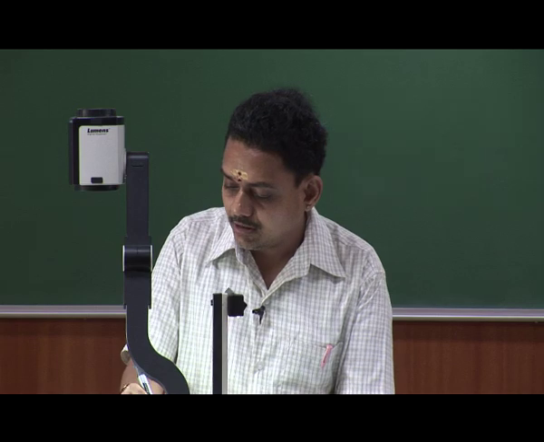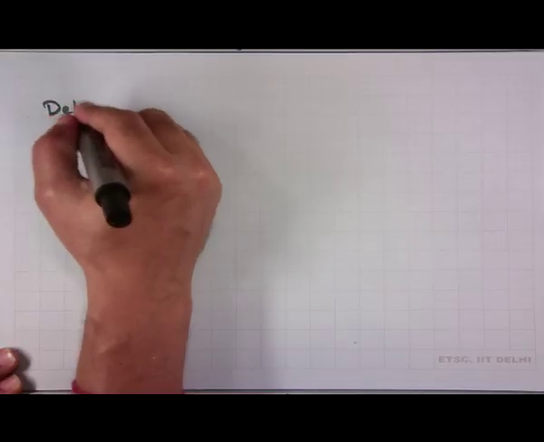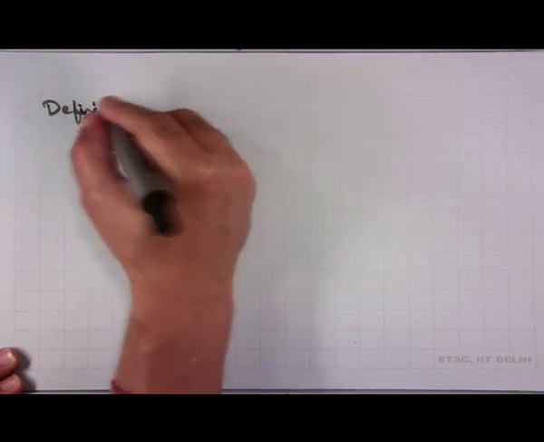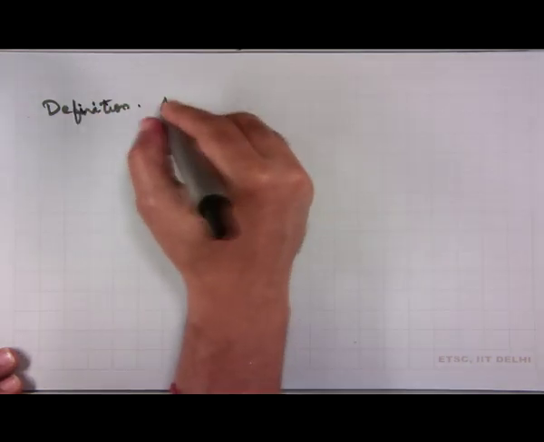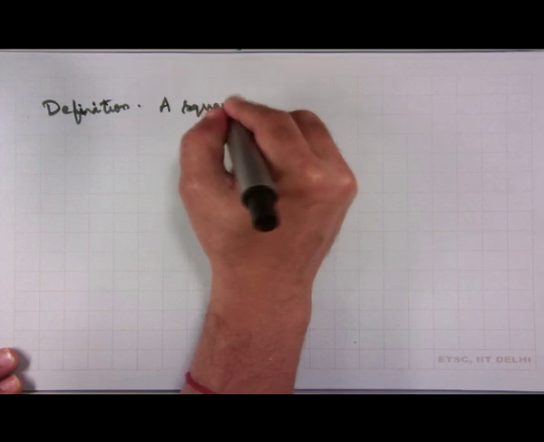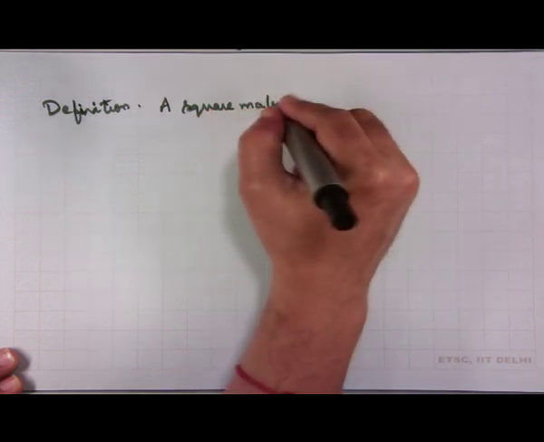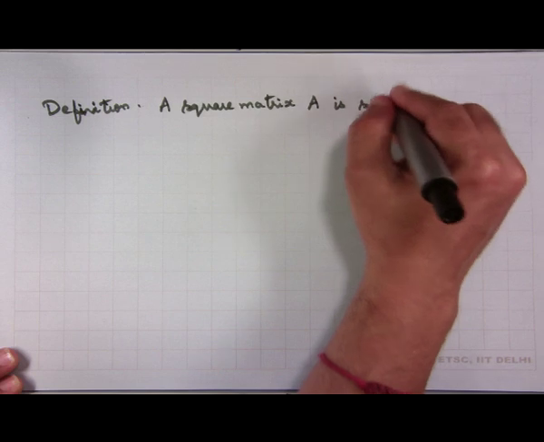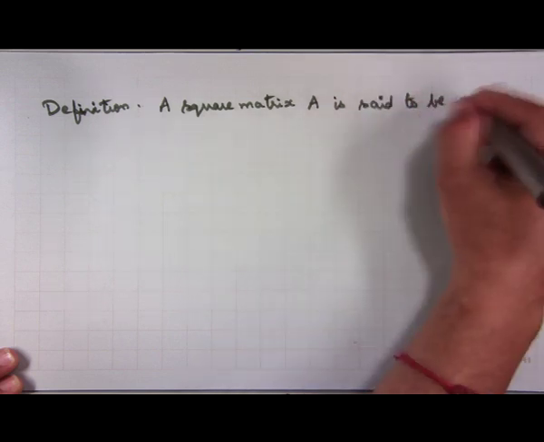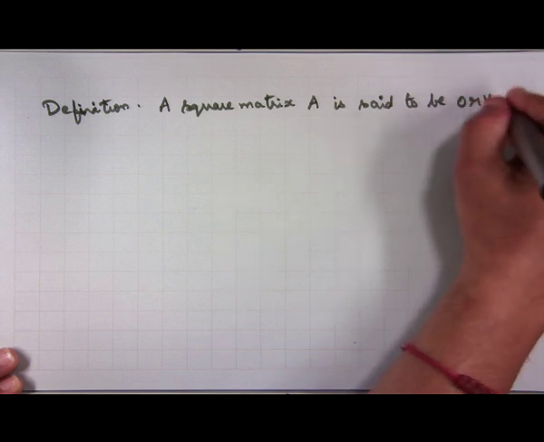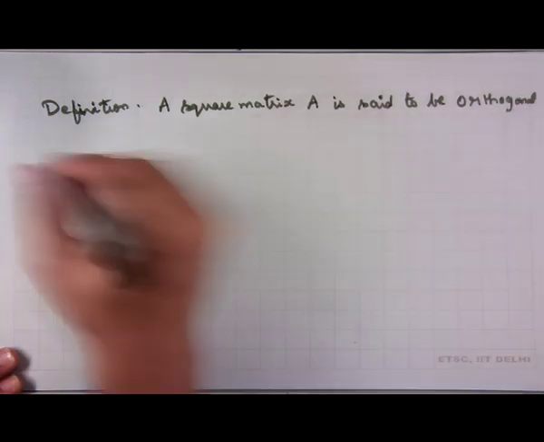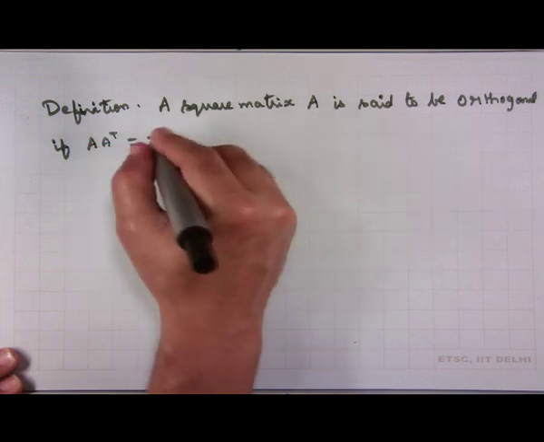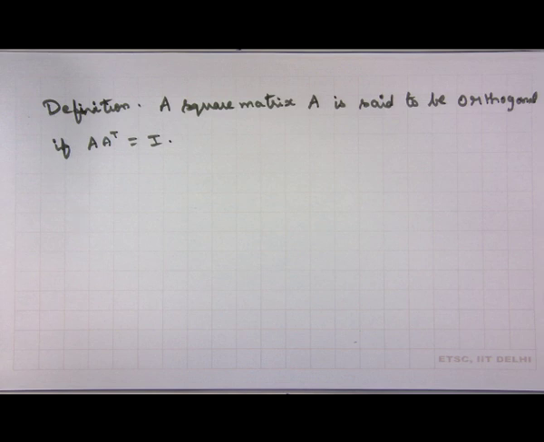Before we proceed to the next one, let us define what is known as an orthogonal matrix. Definition: a square matrix A is said to be orthogonal if A times A transpose equal to identity, right.